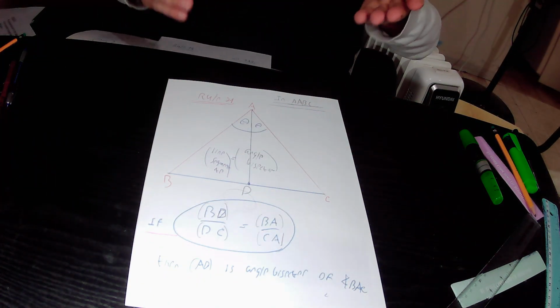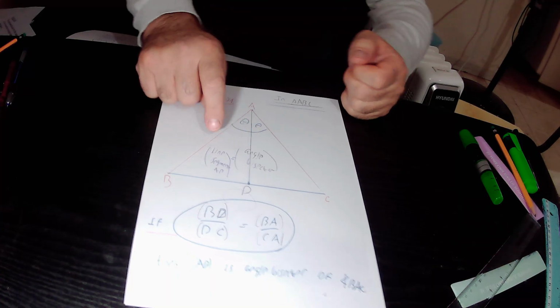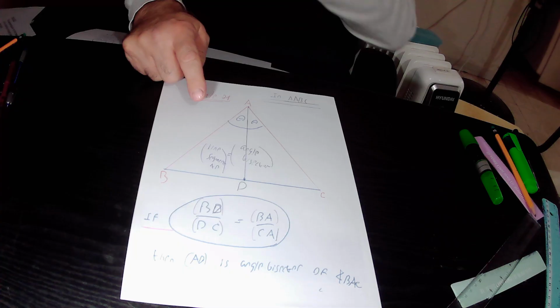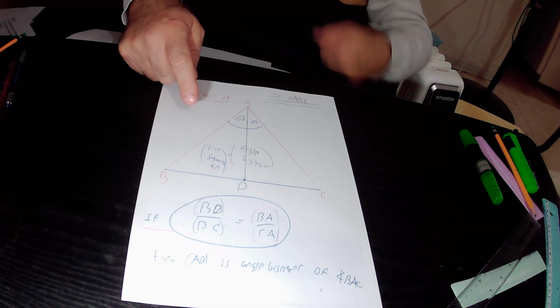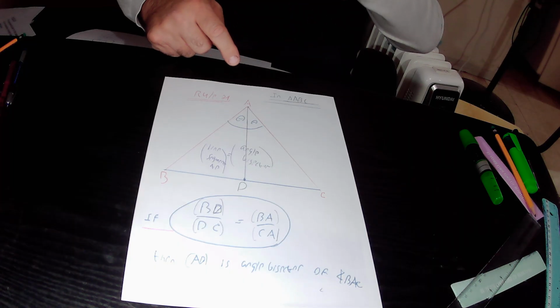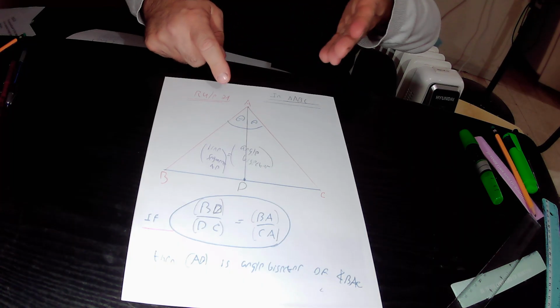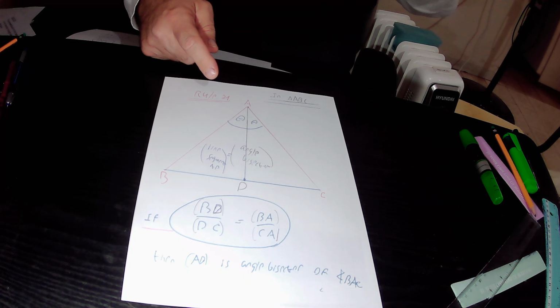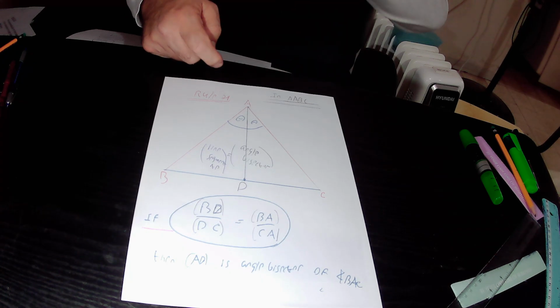If line segment AD divides the sides of triangle ABC proportionally, that is, BD over DC equals BA over AC, then AD must be the angle bisector of triangle ABC. This is the second direction.